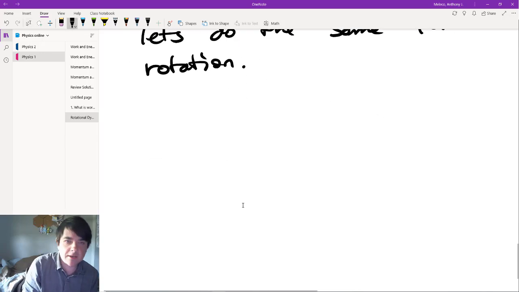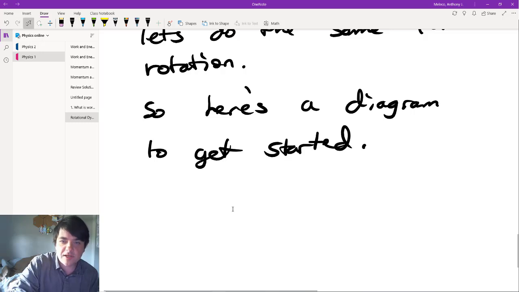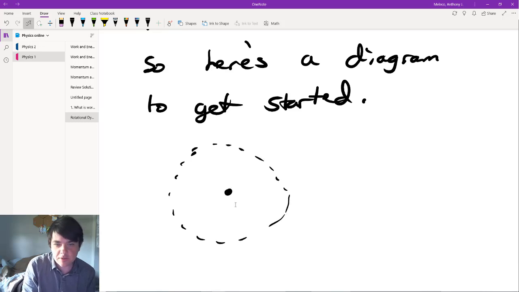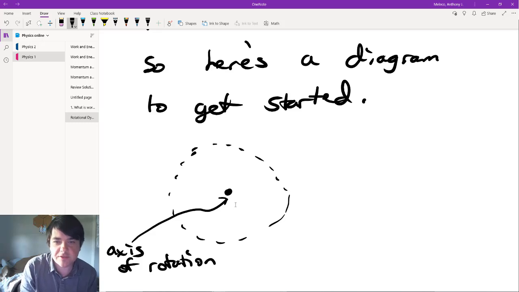To do this, here's a diagram to get started. You're going to need the axis of rotation. So this is our axis of rotation. Pretend that this is a good circle.